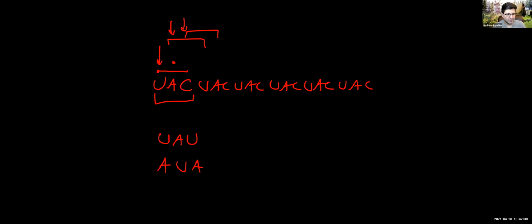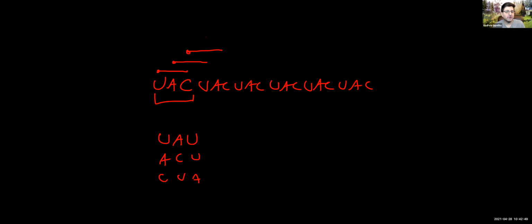We start reading the second one, we get ACU. And if we start reading the third one, we get CUA. But what if I start reading the fourth one? Well, we're back to the first one again, right? Now it's all consistent.